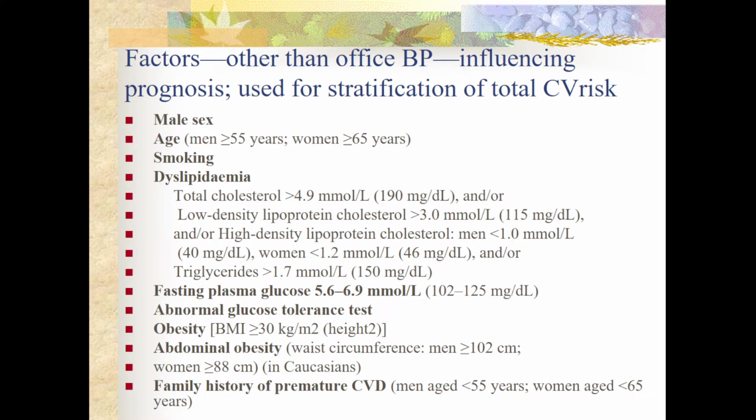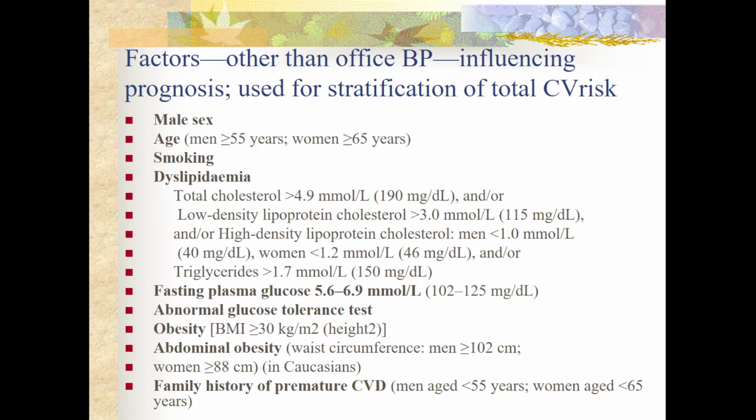Next risk factor, fasting plasma glucose, 5.6 to 6.9 millimole per liter. Abnormal glucose tolerance test. Obesity, body mass index more than or equal to 30 kilogram per meter square.